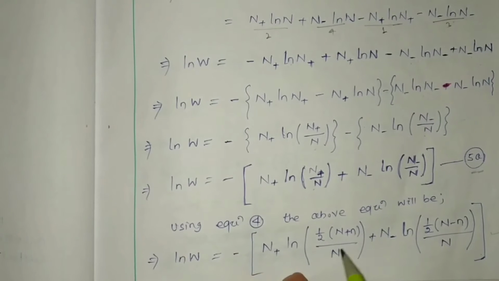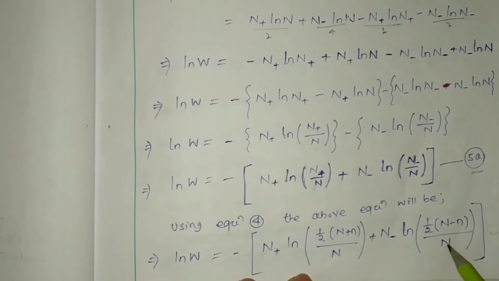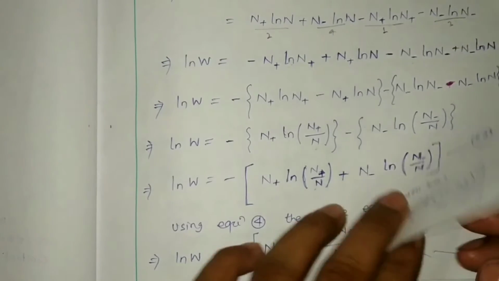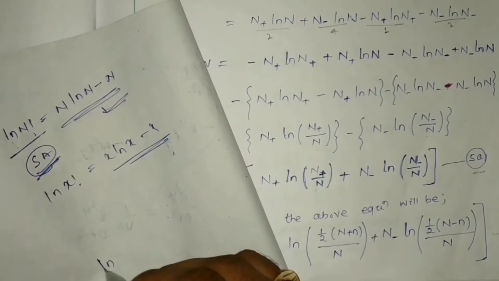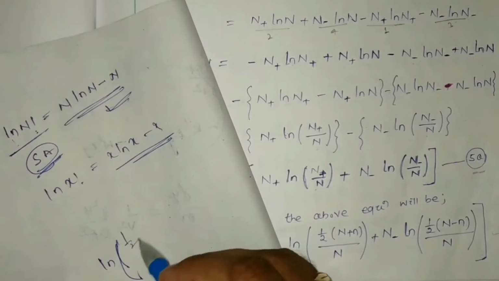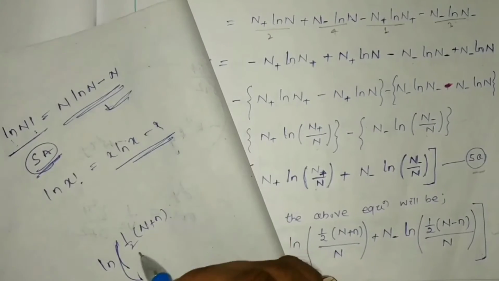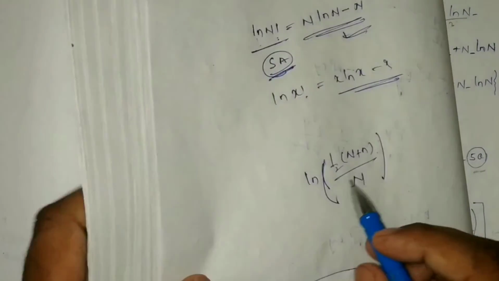Now just divide capital N with this one and this one. What we can find? We can find half into 1 plus small n by capital N. Got my point? Here it is ln of half capital N into 1 plus small n by capital N. It is like this.